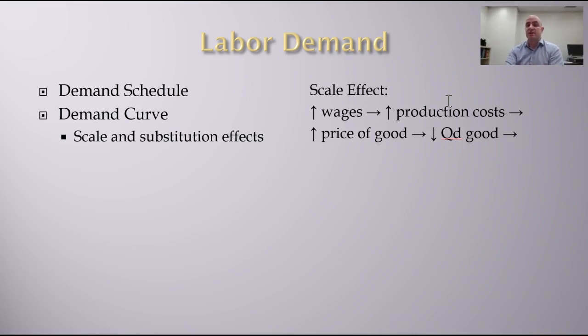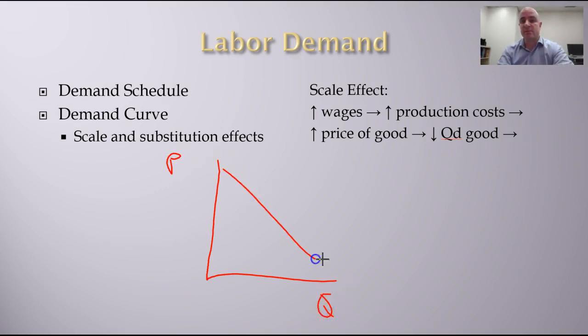Now, as the production costs go up, it causes the price of the goods to go up. All right. Now, why is that? If you think back to your basic economics courses, you have price and quantity for the actual products, and you have your demand for the goods and the supply.